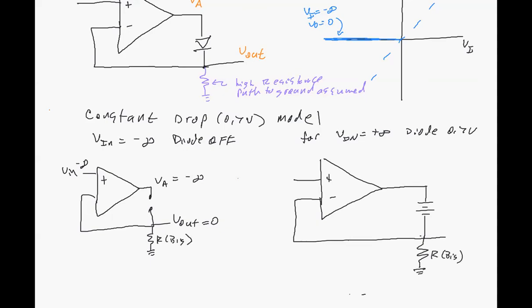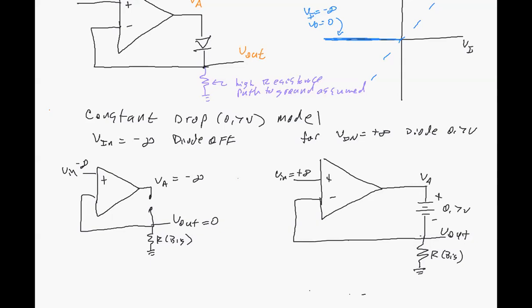Just want to say it's a big output. So we have Vout and Vin is plus infinity, and we have 0.7 volts there. And we have a node called VA, between the op-amp and the diode, which is connected between the inverting pin and VA.